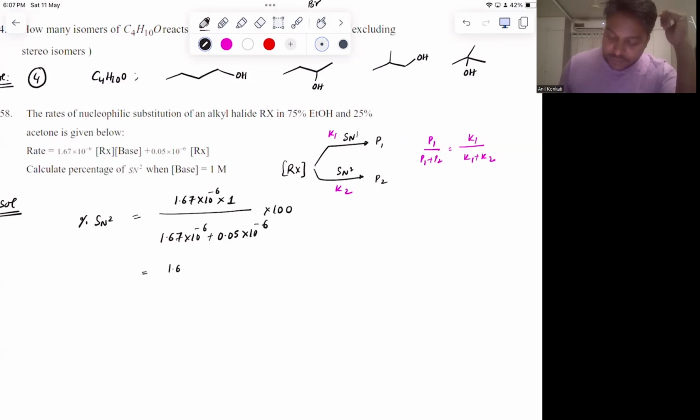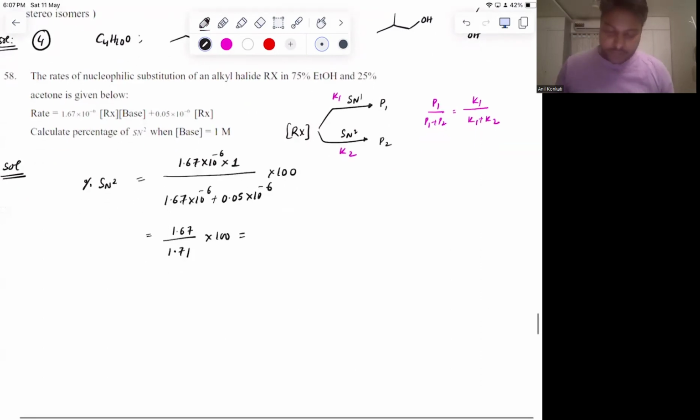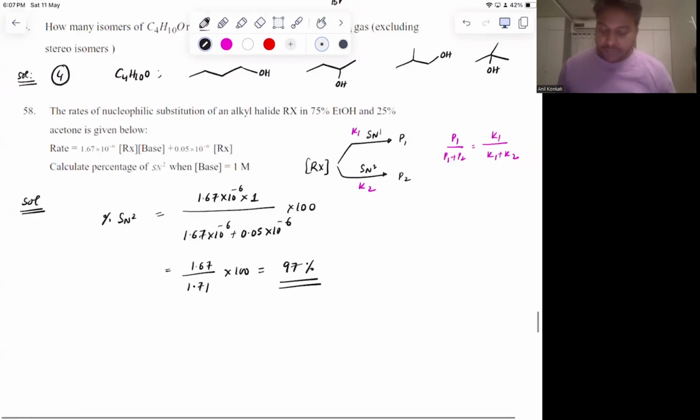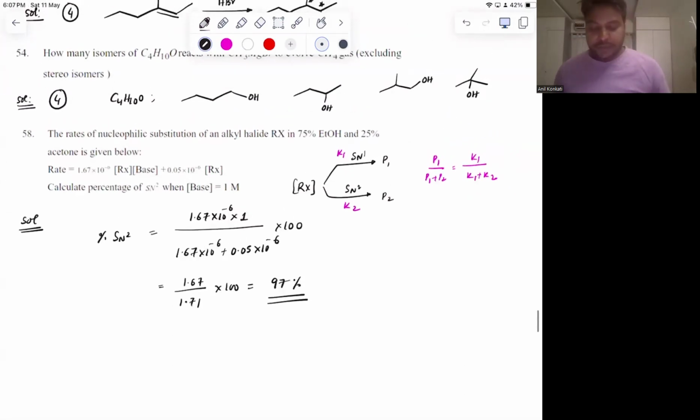So that is 1.67 divided by 1.71, right? So that into 100, clear? So that percentage is coming out to be 97%. Done. This is about percentage amount of SN2.